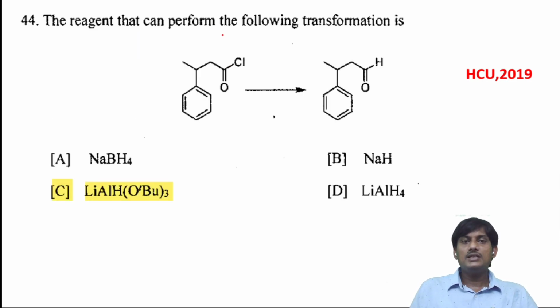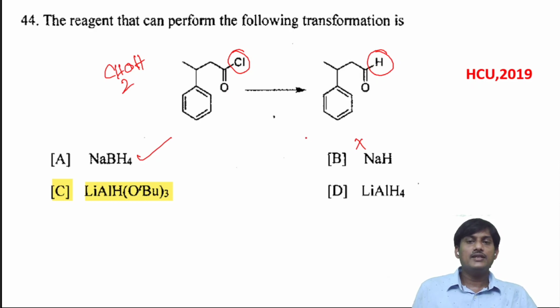The reagent that can perform the following transformation: simply there is a conversion of acid chloride into aldehyde. If you take NaBH4, this converts acid chlorides into alcohol, CH2OH. With NaH, there is no reaction. And lithium aluminum tri-tert-butoxy hydride, this bulky hydride, can convert acid chloride into aldehyde.